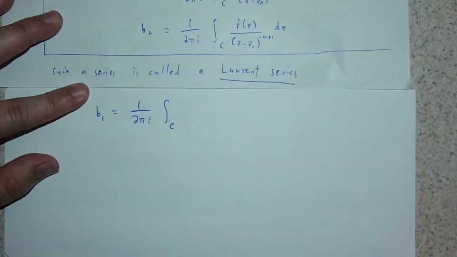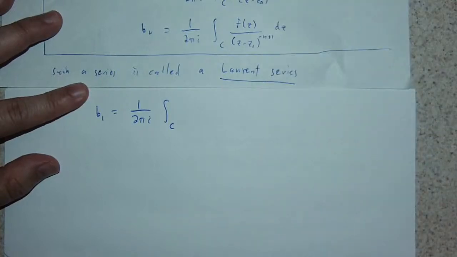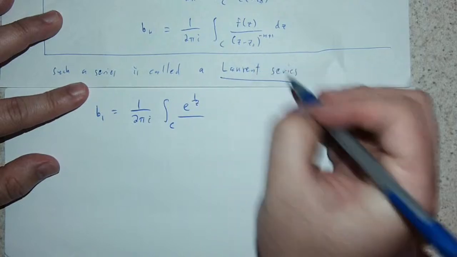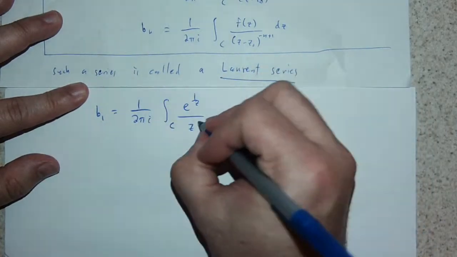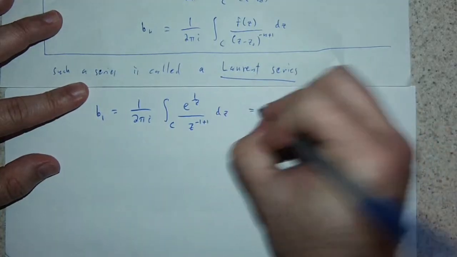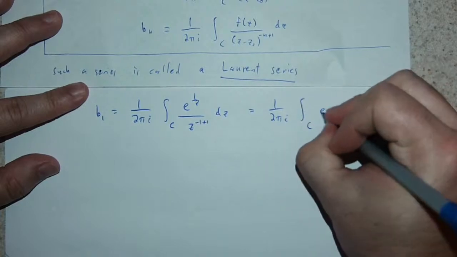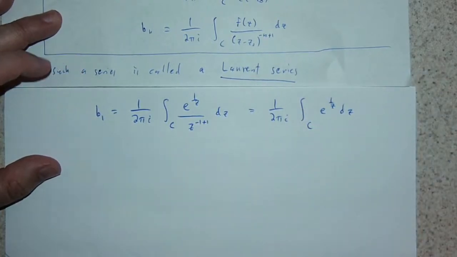Here f of z was e to the 1 over z. So this is e to the 1 over z over z minus z naught, where z naught is 0, so this is z to the n, where n here was 1, so minus 1 plus 1, dz. So this is 1 over 2 pi i times the contour integral of e to the 1 over z dz. But I know that this is 1.